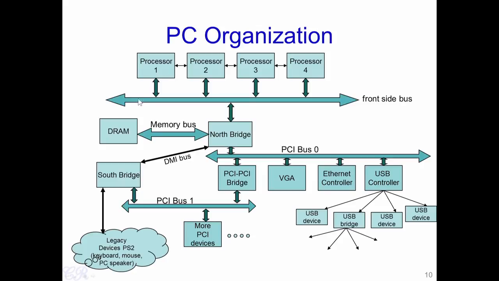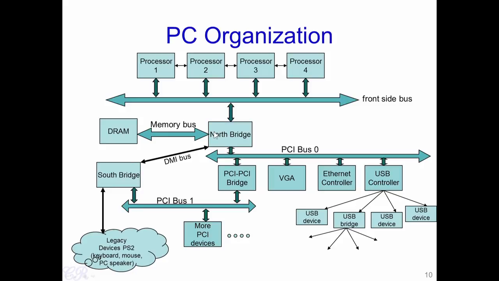Now, all these processors are connected to each other through what is known as the front side bus. So, there is always a sharing between all processors with respect to the front side bus. Now, an important device which connects to the front side bus is known as the north bridge or the chipset.